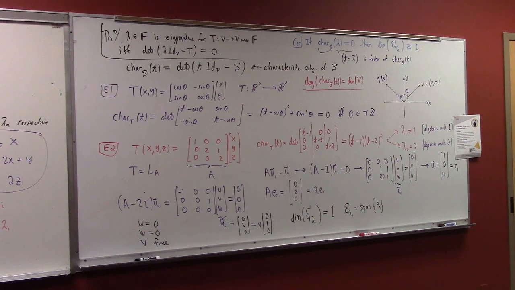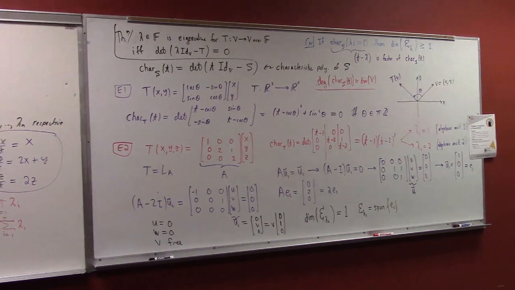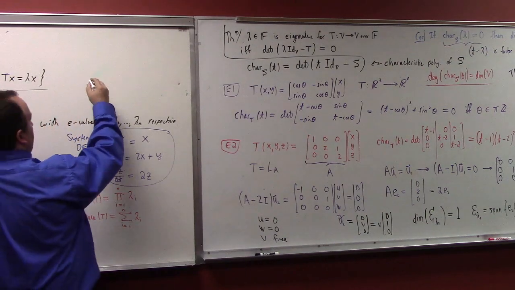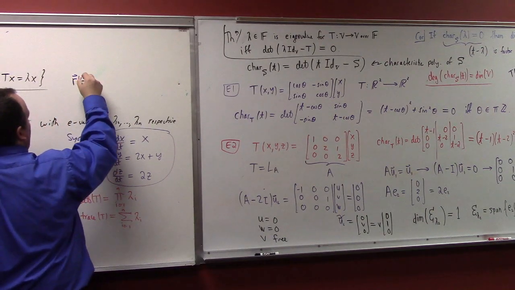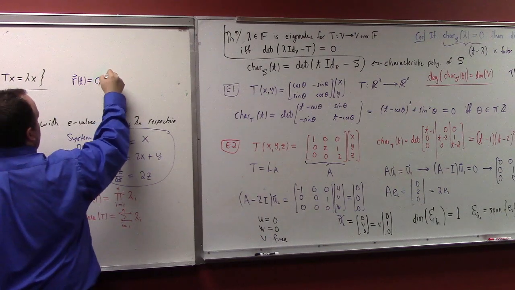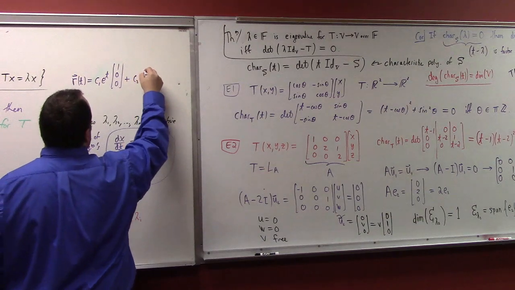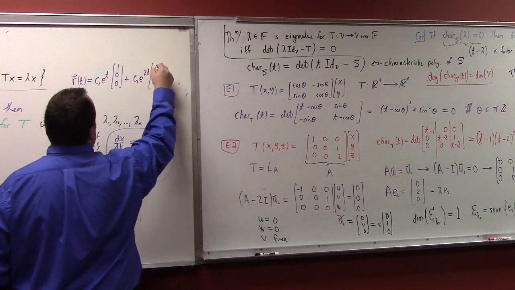And for that system of differential equations, the theory of differential equations says you need 3 linearly independent solutions, and there's not enough. You can find 2 eigensolutions. I can write down r(t) equal to c1 e^t times (1, 0, 0) plus c2 e^(2t) times (0, 1, 0).